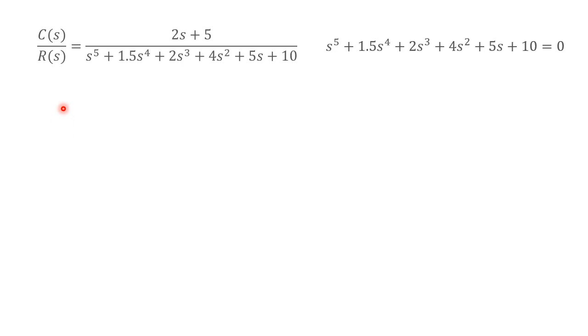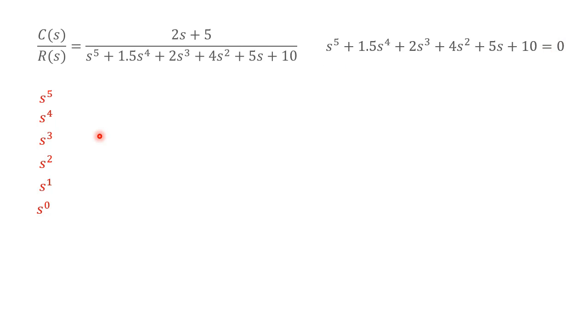So it will be s raised to the power 5, 4, 3, 2, 1, and 0. Now we have to write coefficients. Its coefficient is 1. Then the next odd term coefficient is 2. The next odd term coefficient is 5. Another odd term we don't have, so it will be 0.